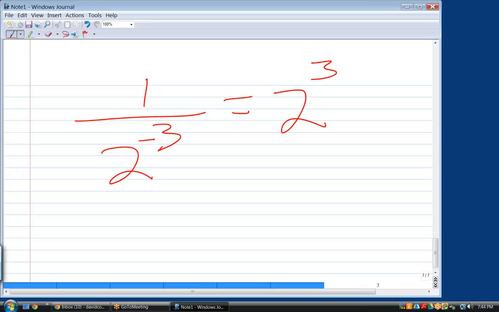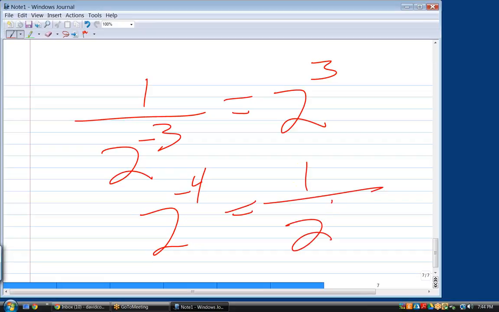In other words, whenever you have a negative exponent, you can just move that term to the other side of the fraction bar, and you have your answer. In other words, 2 to the minus 4, I'm going to move the 2 to the other side of the fraction bar and make it a positive 4. In other words, you change the sign on the exponent and you move it to the other side.